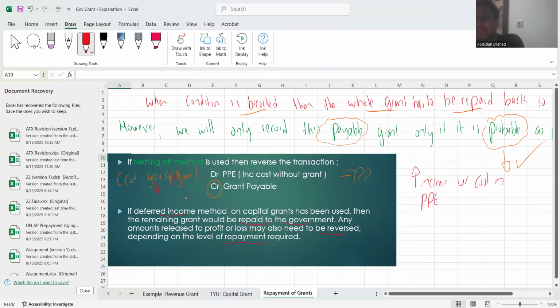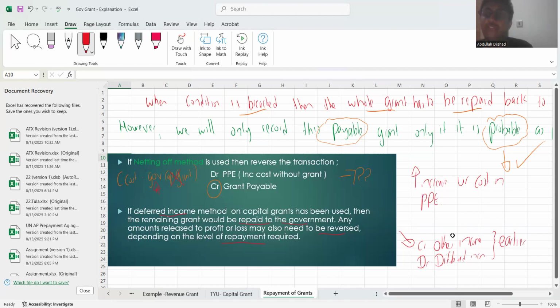So what will happen is, you would have shown it earlier like this: credit other income and debit deferred income. This has to be reversed. This has to be switched.